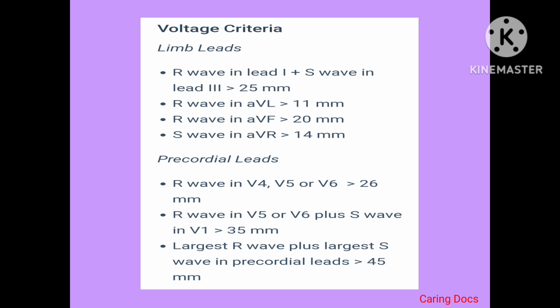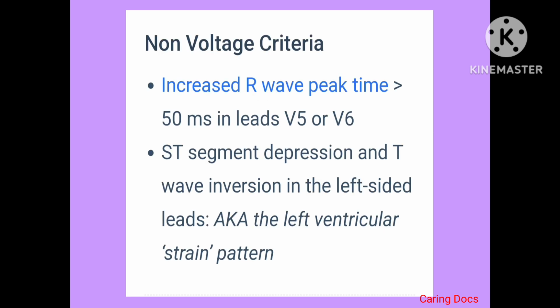But this voltage criteria must be accompanied by a non-voltage criteria, and the non-voltage criteria is when there is increased R wave peak time, that is more than 50 milliseconds in lead V5 or V6, or if there is ST segment depression and T wave inversion in the left-sided leads, that is lead 1, AVL, V5, V6. This is also called the left ventricular strain pattern.